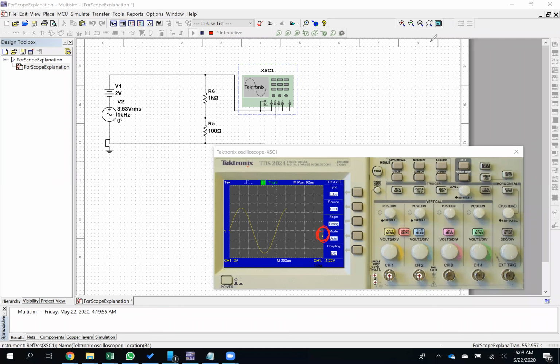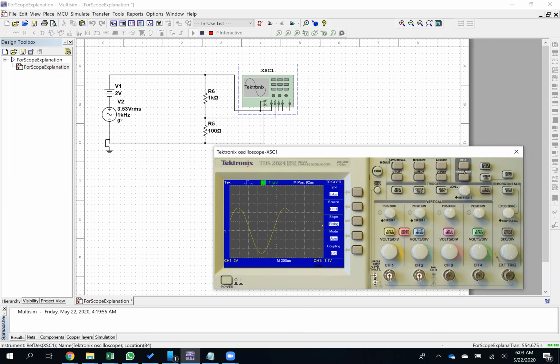If the scope happened to be set so that trigger level is outside the range of my waveform, the scope won't be able to trigger very well. So you can see again, if I move that trigger level way up here beyond the range of my waveform, now it's jumping all over the place, right? So what I want to do is change that trigger level back down to be within my waveform, and that's steady.